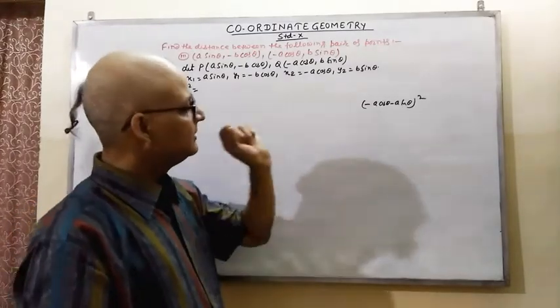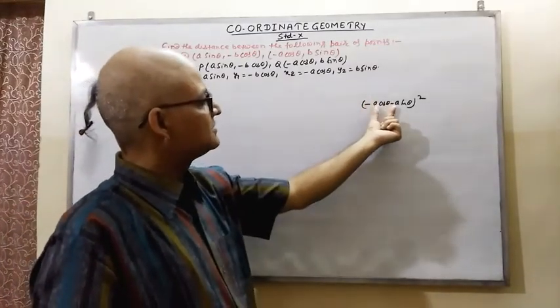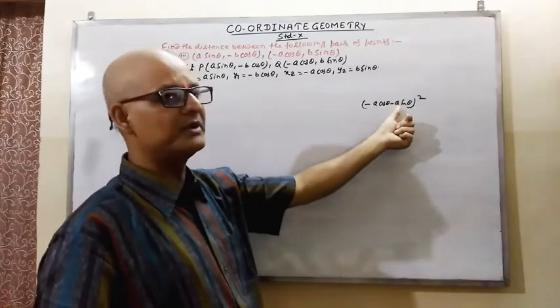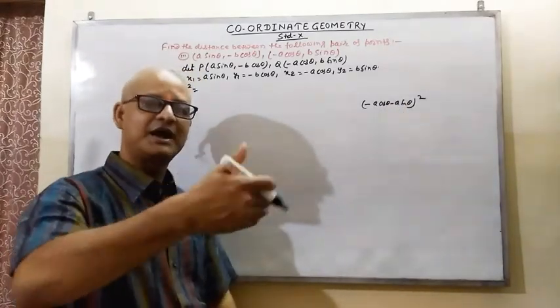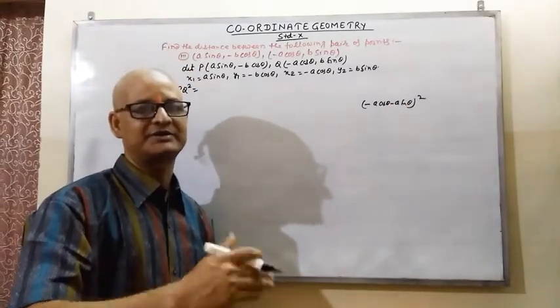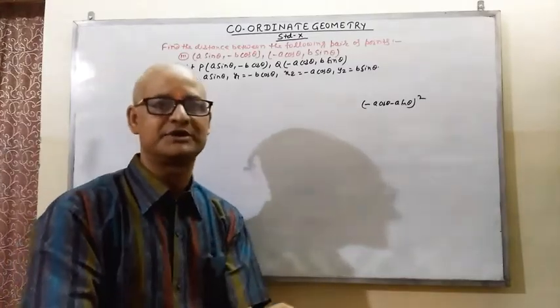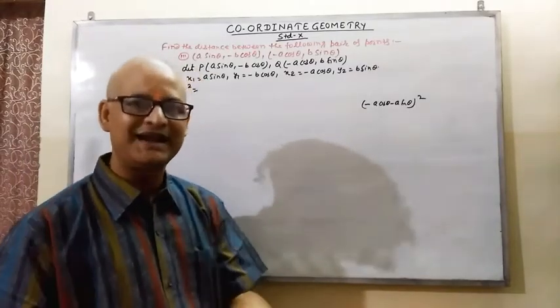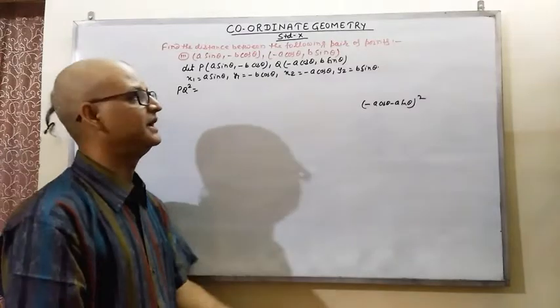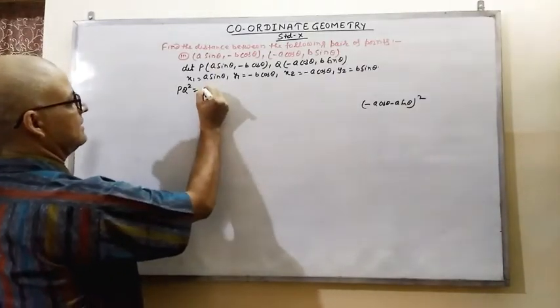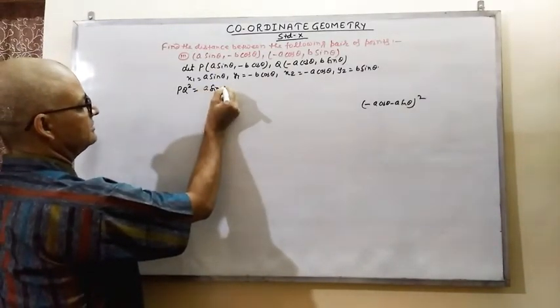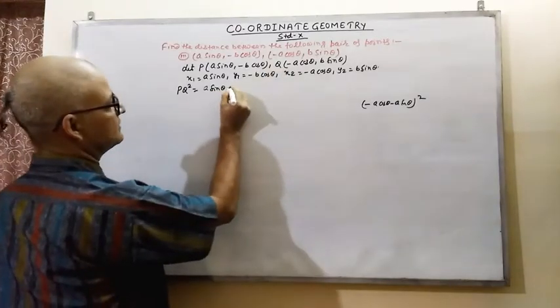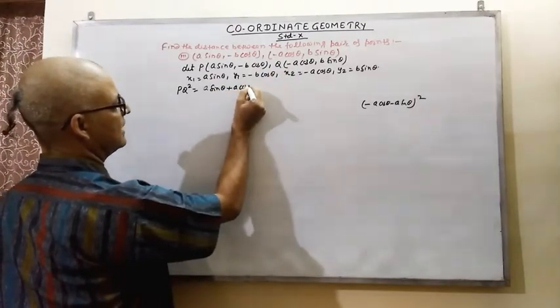If students make the mistake in this format, then they can use another form, either x1 minus x2 whole square or x2 minus x1 whole square, in whichever way you think convenient. So here a sin theta plus a cos theta whole square, I do it.